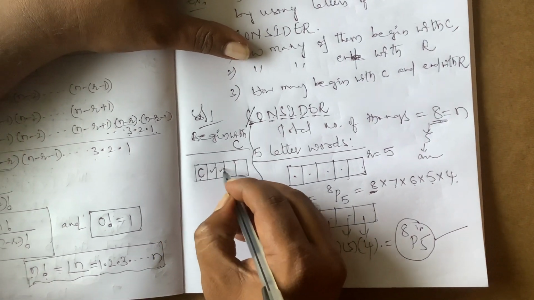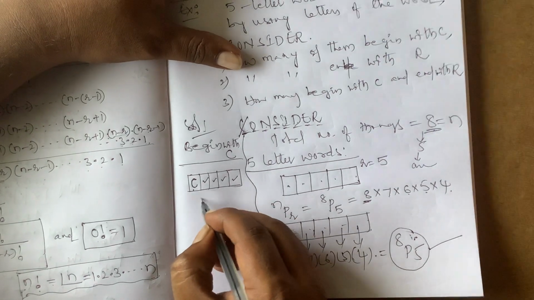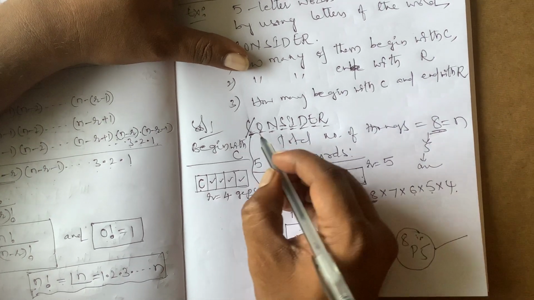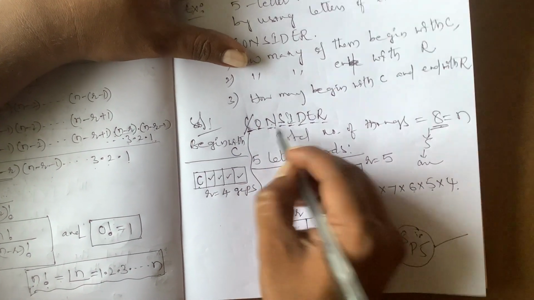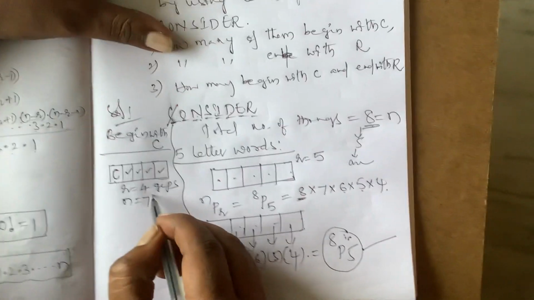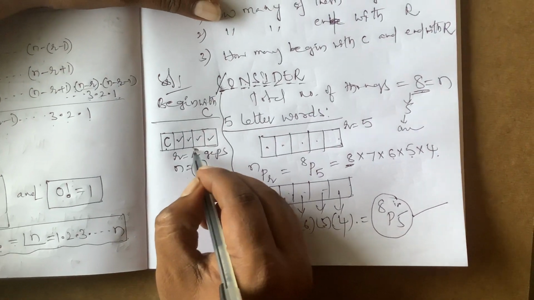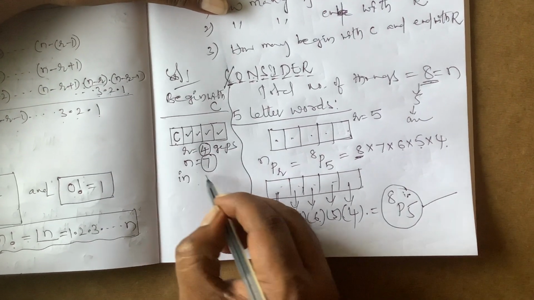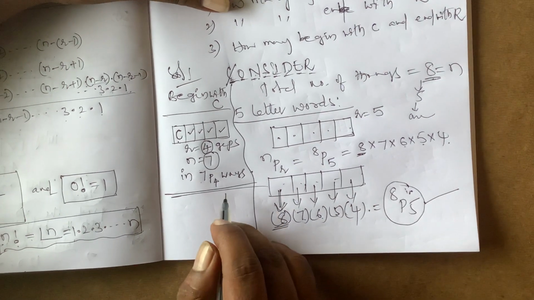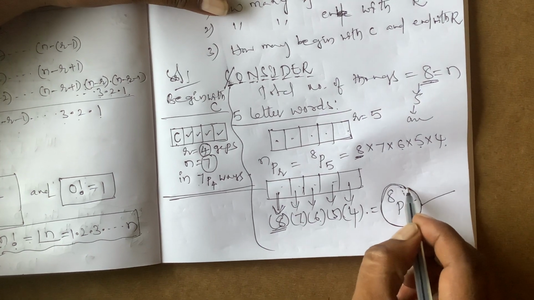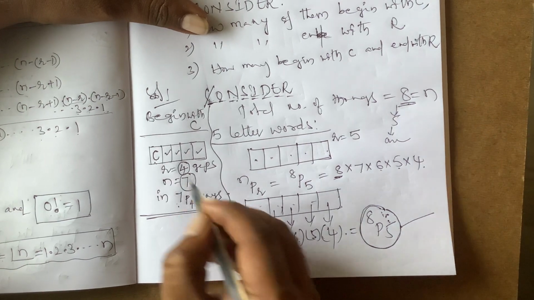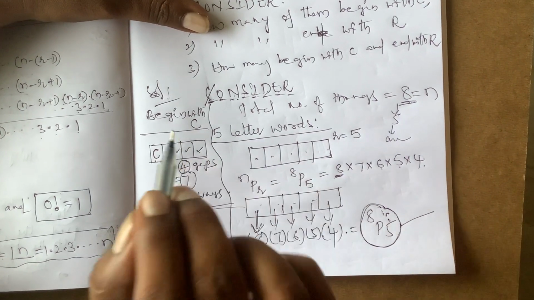Then how many remaining gaps are there? r is equal to 4 gaps I have to fill. And after filling C here, how many remaining letters are there? n is equal to 7. So out of these 7 things I have to arrange 4 things in how many ways? 7P4 ways is the answer. So out of these 8P5 5-letter words, 7P4 5-letter words start with C.